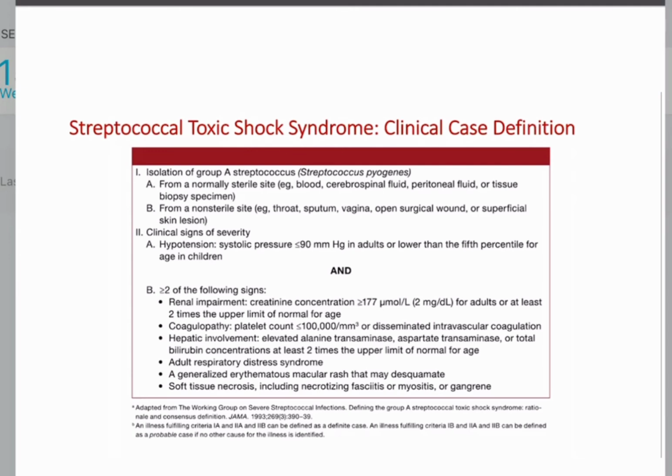Then along with it, you can have it from a sterile site, whether it's blood, CSF, peritoneal fluid, tissue, depending on the presentation, and then there is a set of clinical presentation. Then there are again definitions for the streptococcal toxic shock syndrome, along with or without necrotizing fasciitis. We will skip that part of it.